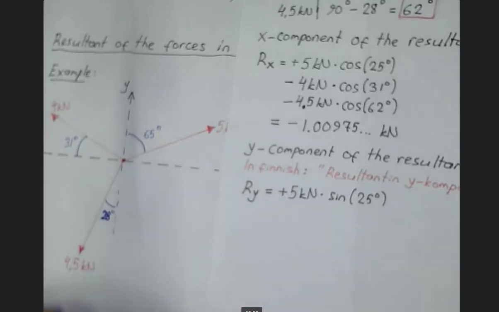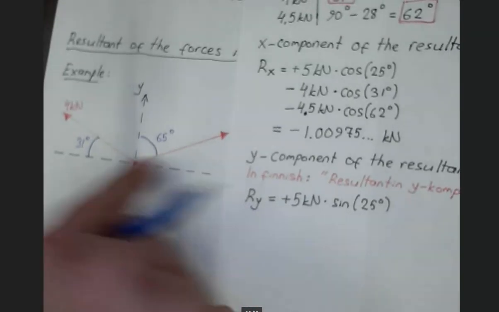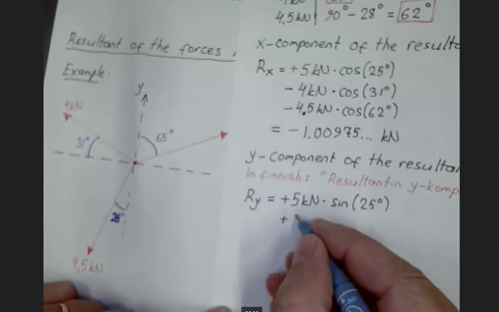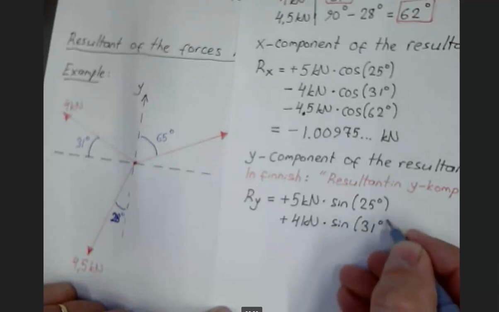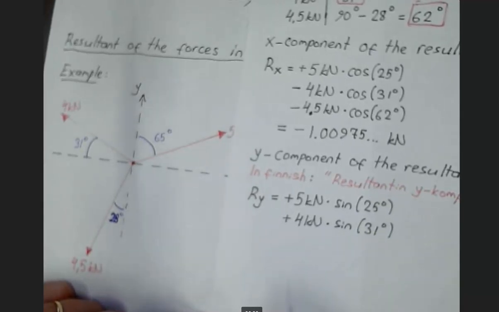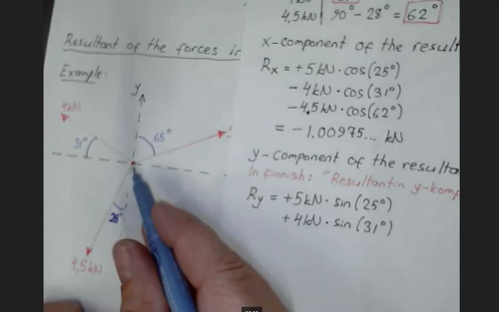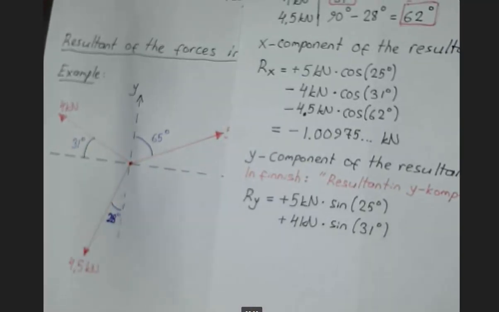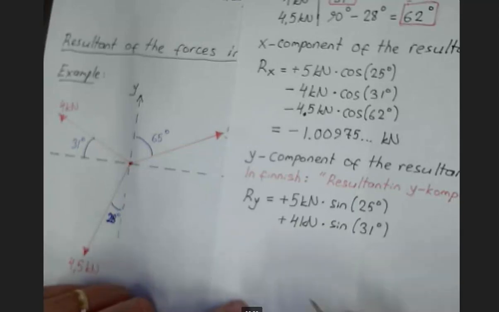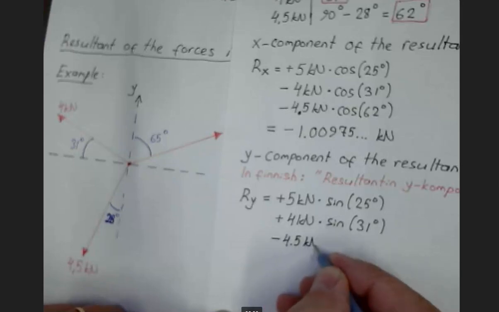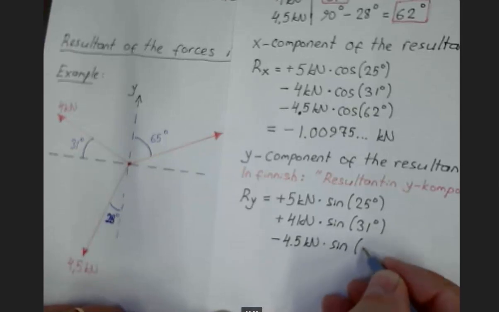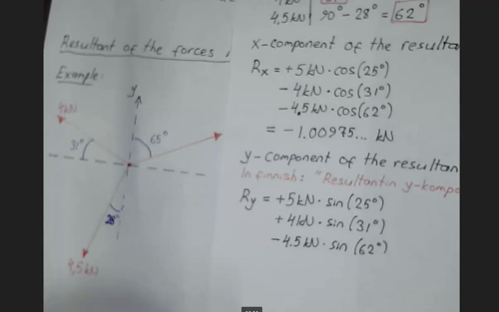It also goes upwards from the horizontal plane, so it will also be plus, and then we get sine 31. And the last one is the only force here pointing downwards, so it will be minus 4.5 kilonewtons times sine 62 degrees. And remember that all these angles are measured from the horizontal plane.